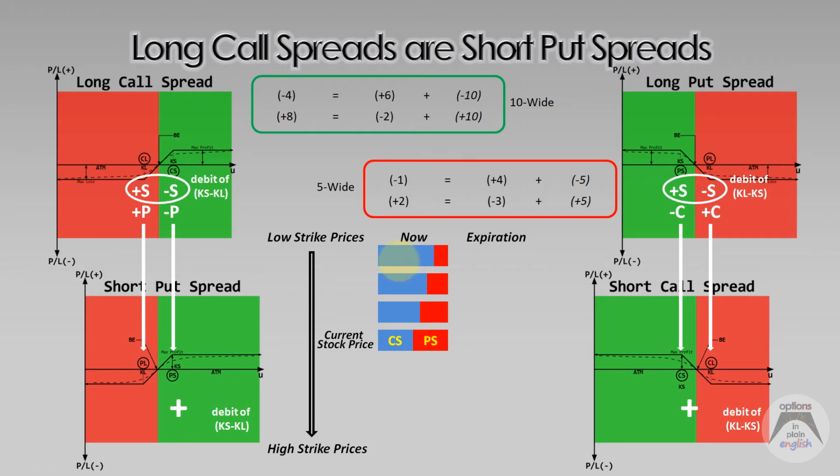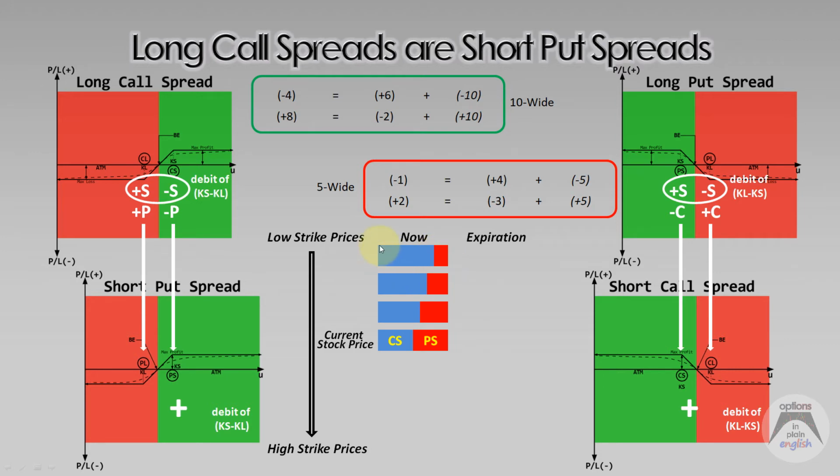So if we analyze these prices that are very low, the call spread for those strike prices is going to be a very high proportion of the whole value of the spread, which is the width of the spread. And the put spread, because it's deep out of the money, is going to have a very small value.